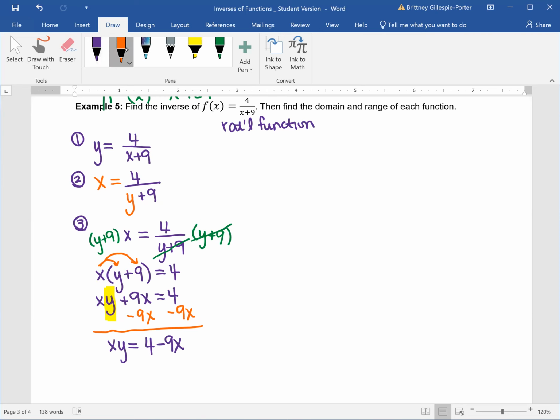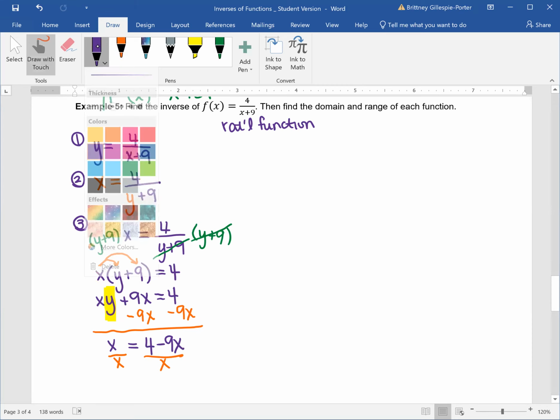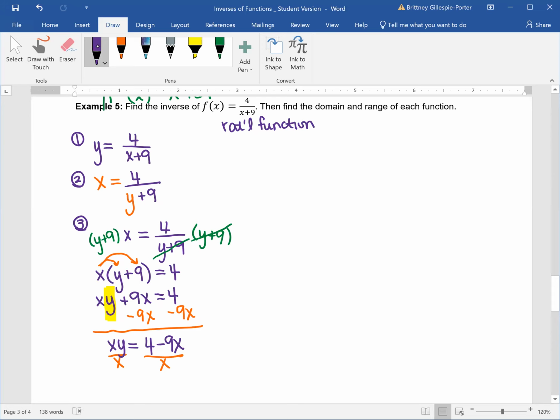And then to get y by itself, we need to divide both sides of our equation by x. And in doing that, left-hand side, the x's cancel. So I have y is equal to 4 minus 9x all over x. And remember, the x's here don't cancel.